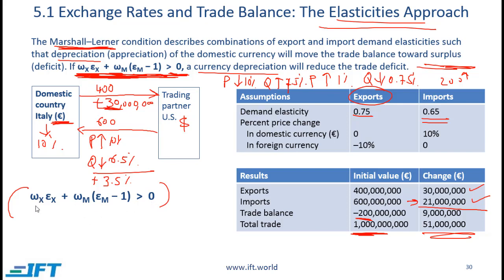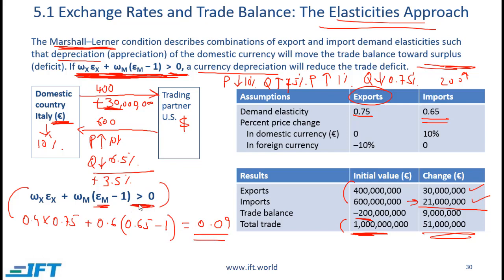When you plug in the numbers, the weight of exports is equal to 0.4. Notice exports are 40% of the total initial trade, multiplied by the elasticity for exports, which is 0.75, plus the weight of imports, which is 0.6, into elasticity of imports, which is 0.65 minus 1, and this will give us 0.09, which is greater than 0.